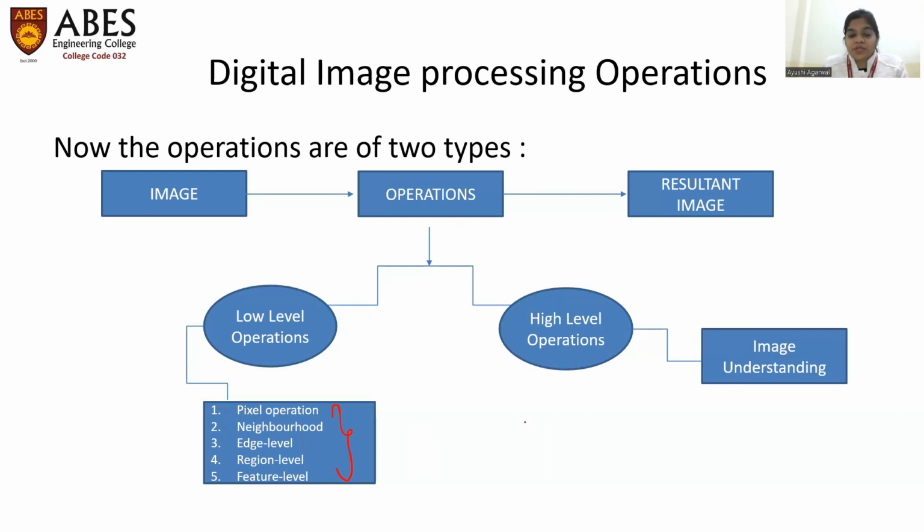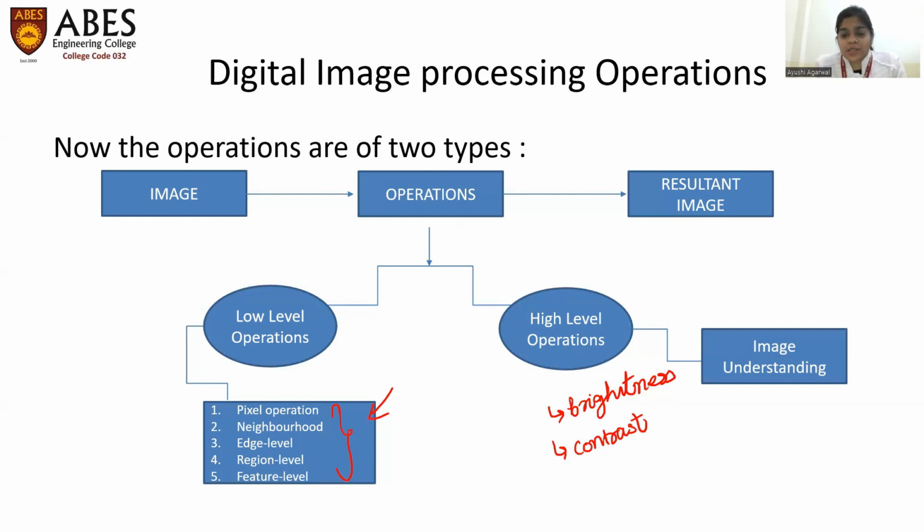Now, in the previous slide, I discussed two qualities, that is brightness enhancement and contrast manipulation. Let us first understand these two terms and then go to all these low level operations. Now, let us take some real examples.